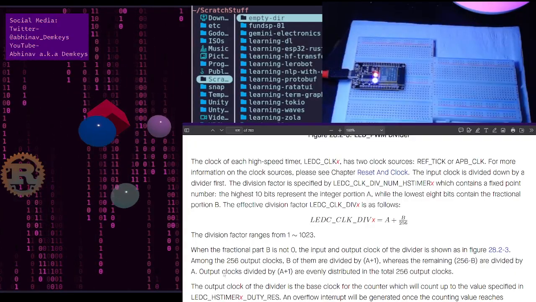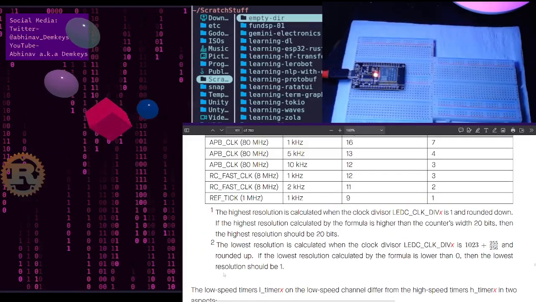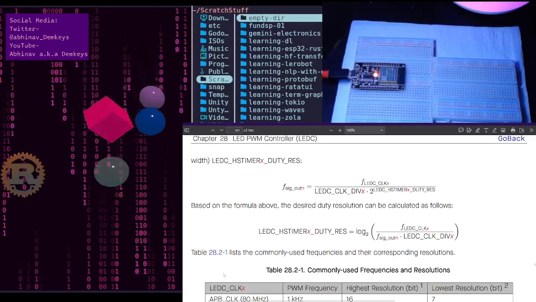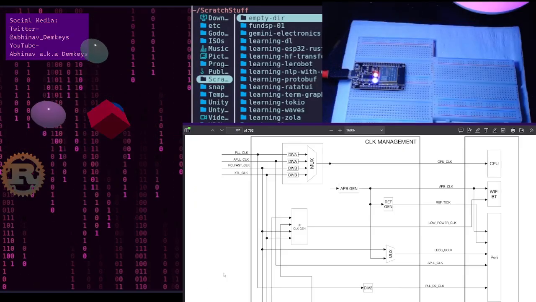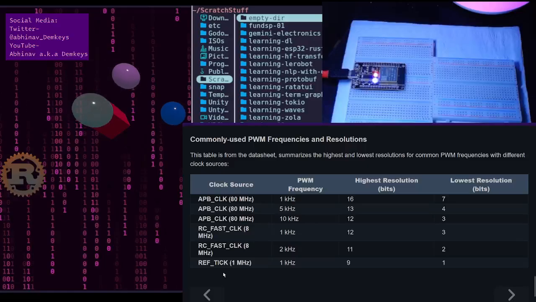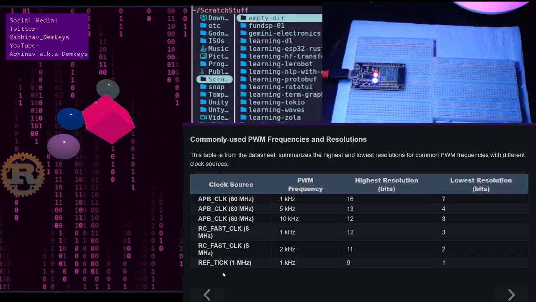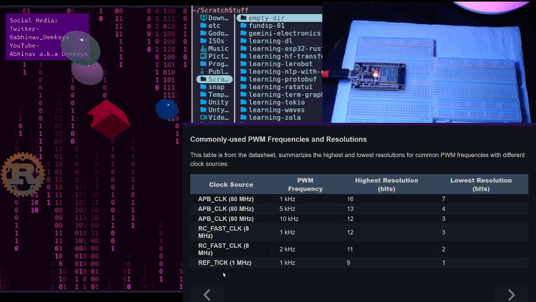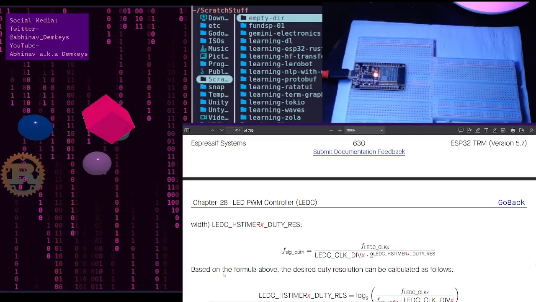But yeah, if we are learning about PWM, then we're going to have to go through this whole thing. Oh, this is the table that's being shown here. Yeah, this is the table: commonly used PWM frequencies and resolutions. You know what? Maybe I might not even need to.